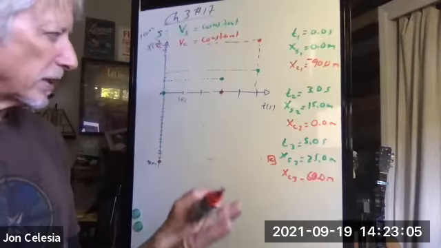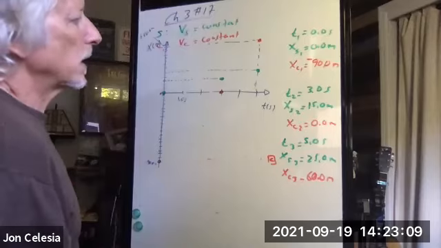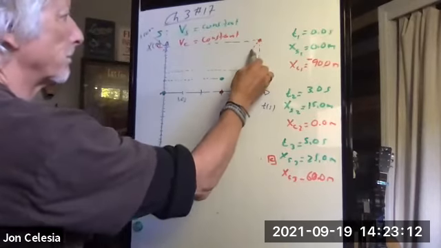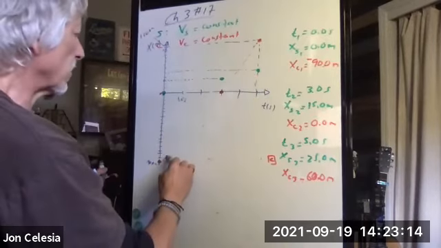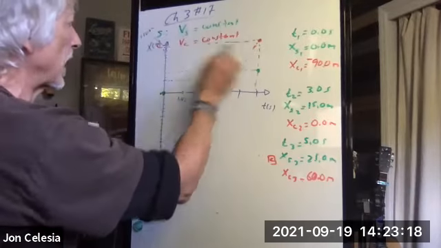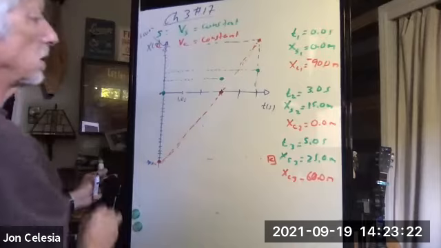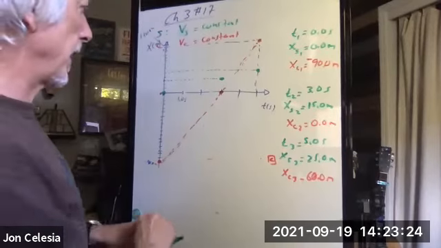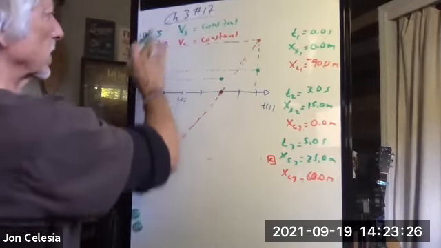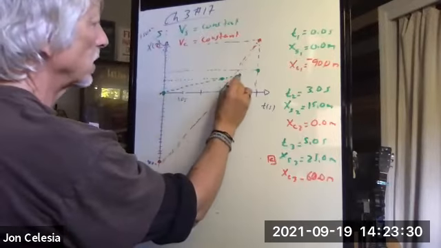Now, did I do this right? I got a straight line. We'll see. Which is probably not a very real thing. But if it's constant velocity, I should see a constant slope. And the slope tells me the velocity of the cheetah, and this slope tells me the slower velocity of Sage.